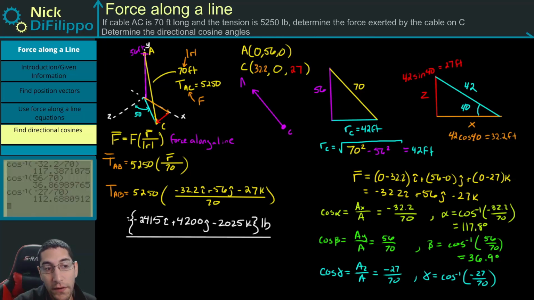And this is 112.7 degrees. So there you go. These are the directional cosine angles. So alpha is 117.8, beta is 36.9, and gamma is 112.7.